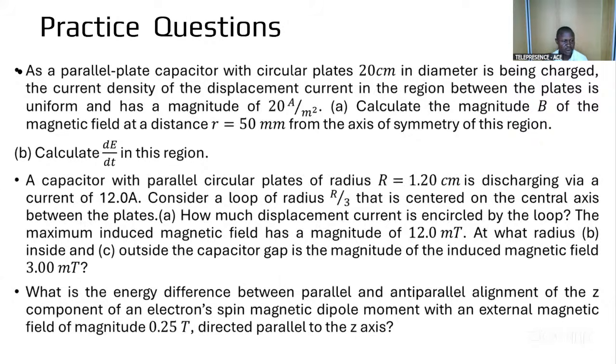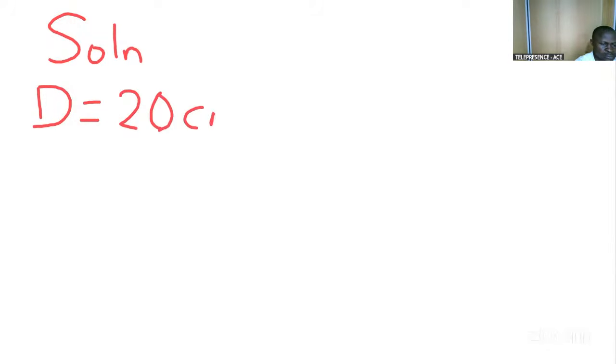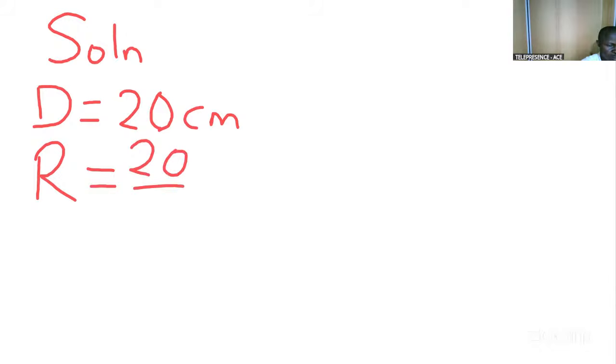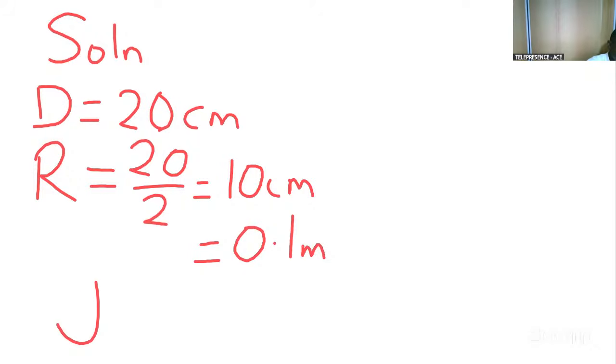We're given the current density, J sub D, to be 20 ampere per square meter.